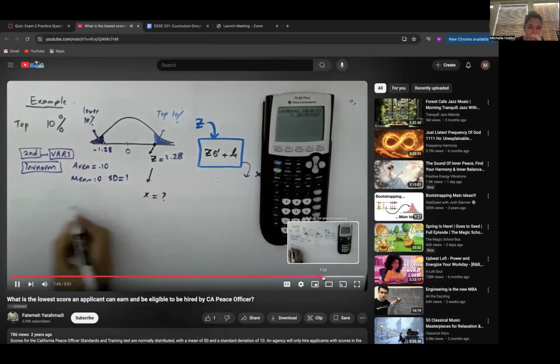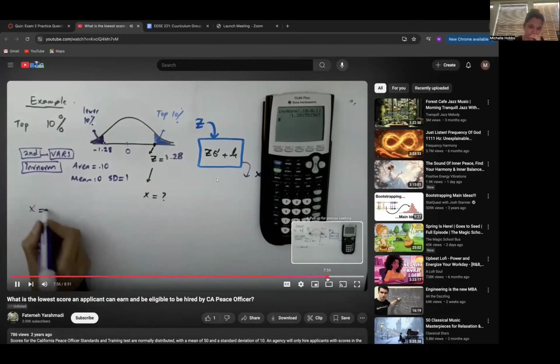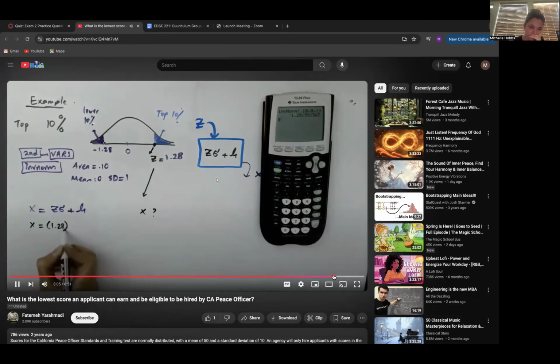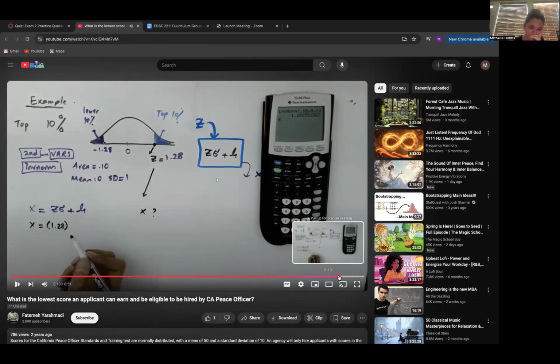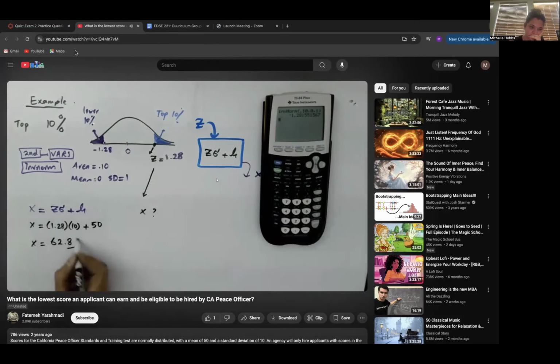So you know that x is equal to z times sigma plus the mean, and the mean is 50. Add 50 to it, you get 62.8.